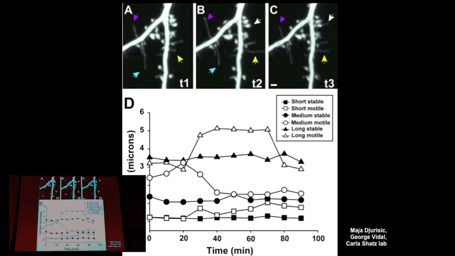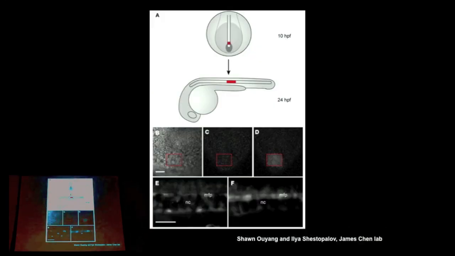They were just looking at spine dynamics over time, with repeated Z stacks and a maximum intensity projection, and we're seeing dendrites retracting over time, looking at dendrite dynamics.